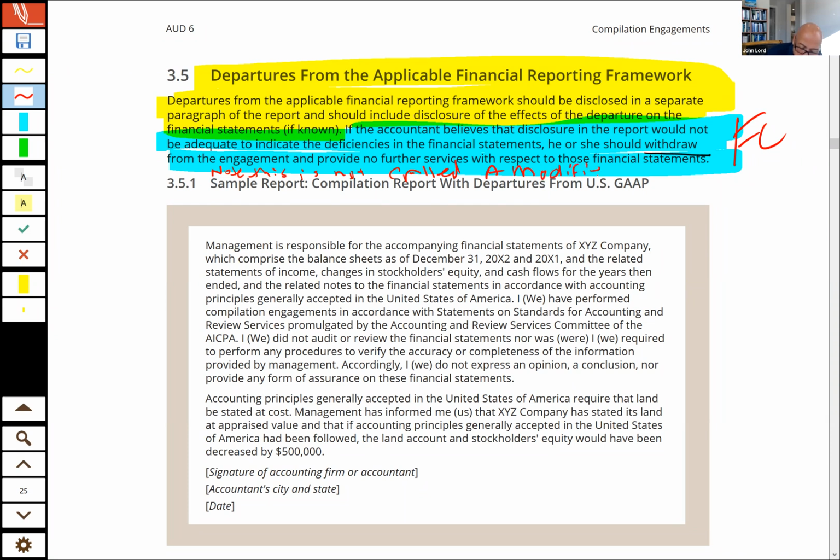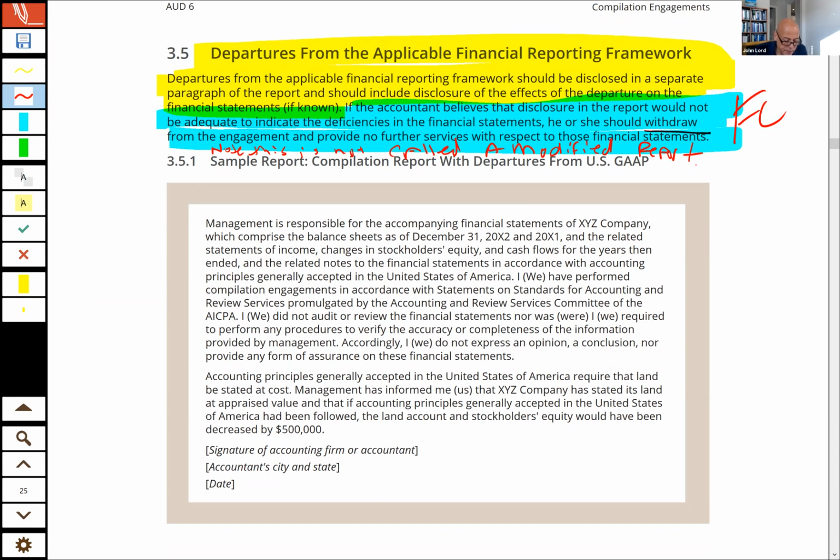And the reason I'm telling you that is I've seen standard questions where they sit there and say, the auditor should issue a modified report, and they're being kind of mean there because you are modifying the basic report, but we don't call it a modified report. We save the term modified report for where we're giving the assurances on the report. If you're not giving an assurance, you don't call it a modified report. So it's kind of a technical, annoying point that I have seen called out in some questions.